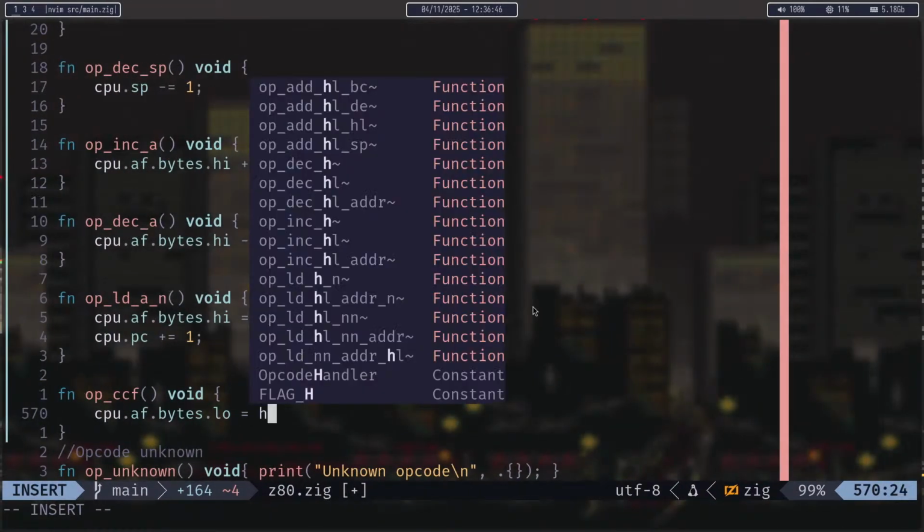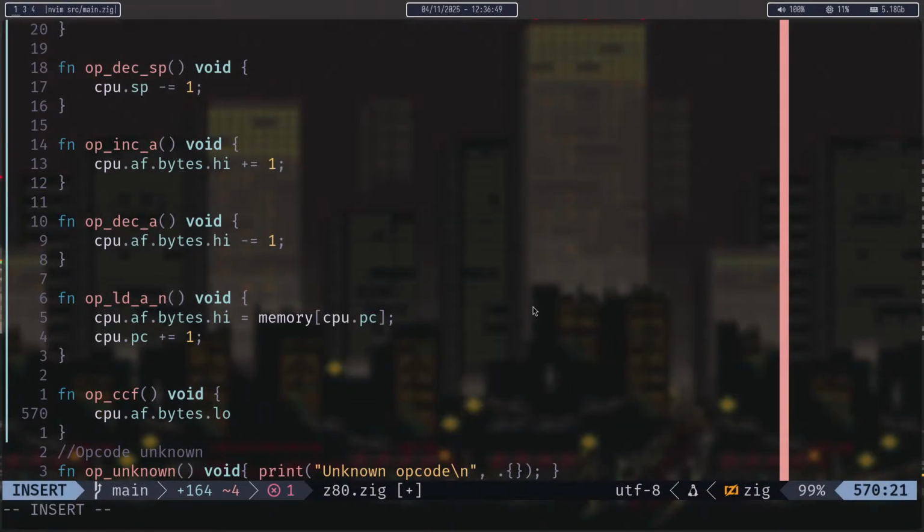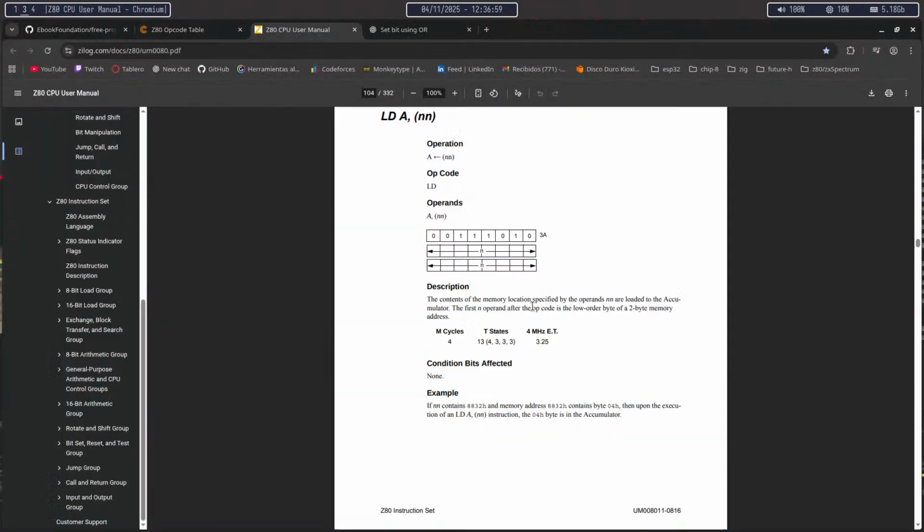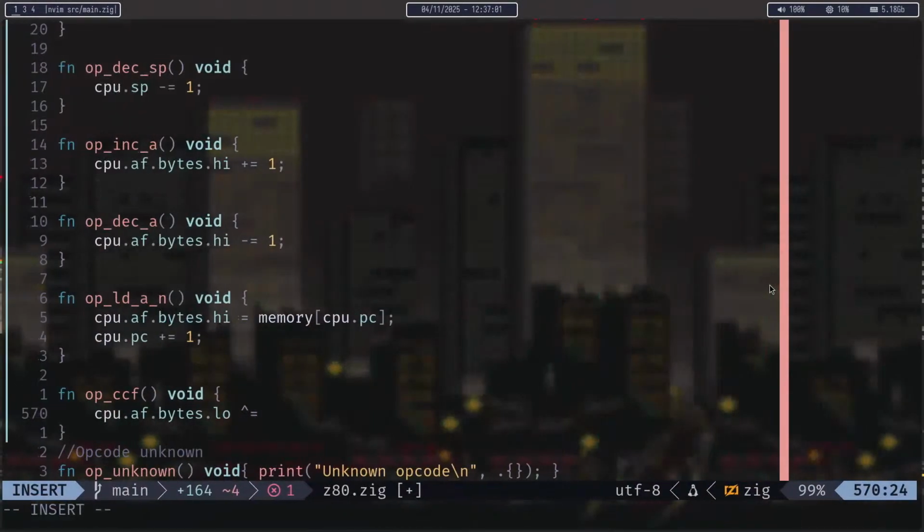Alright. Please let me do this. This is the C flag, right? Carry flag, yeah. Flag C. Boom.